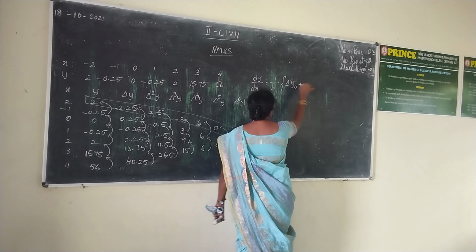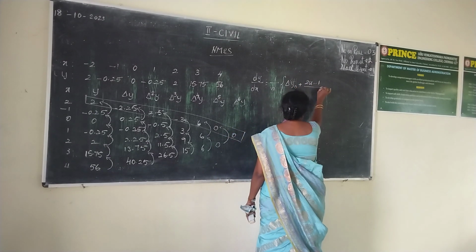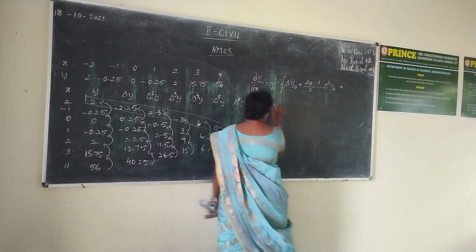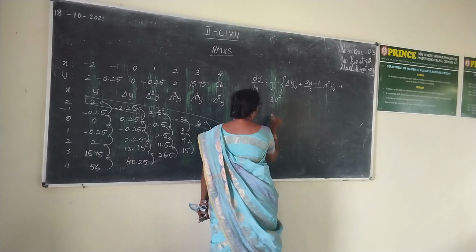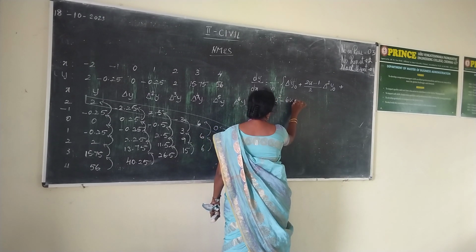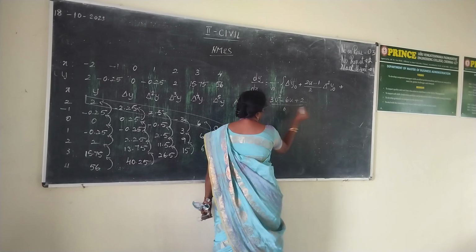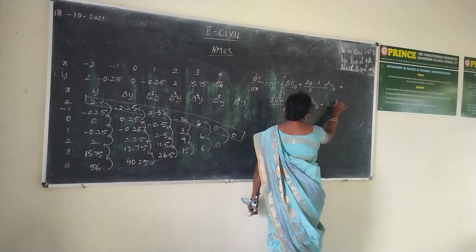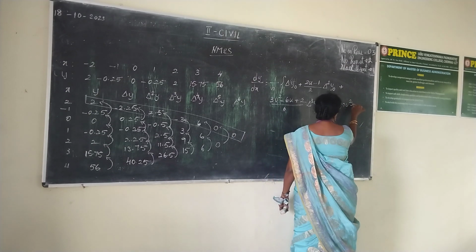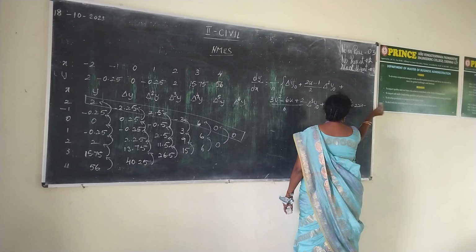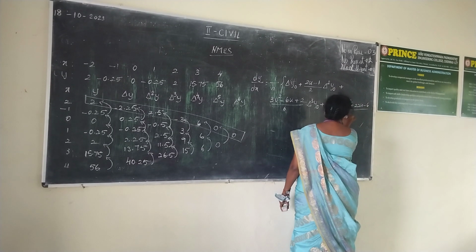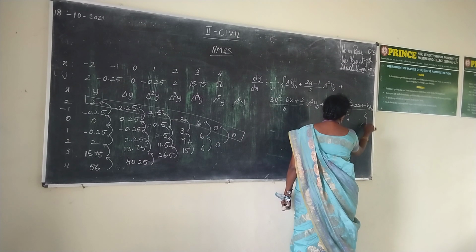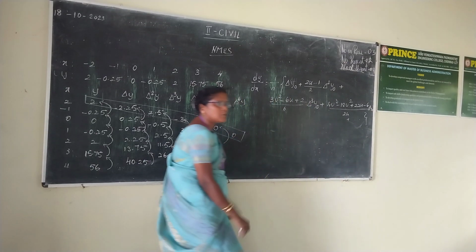Delta y naught plus ... minus ... plus etc. No need to write the plus etc., because it's going to become 0.